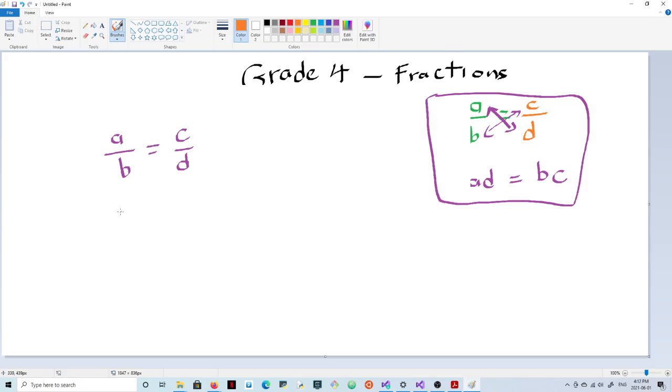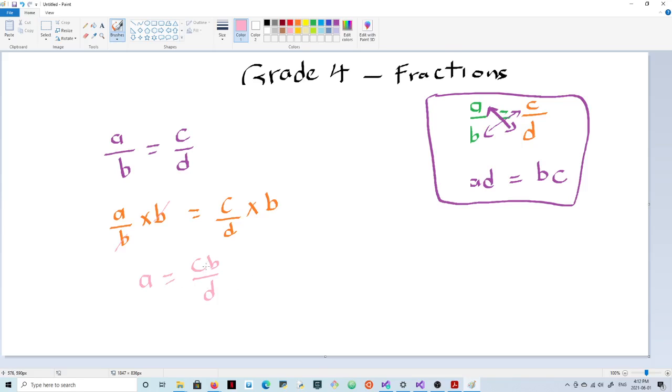So I'm going to get A upon B times B is equals to C upon D times B. So what will happen? The B and the B goes out. So you have now A is equals to CB upon D.